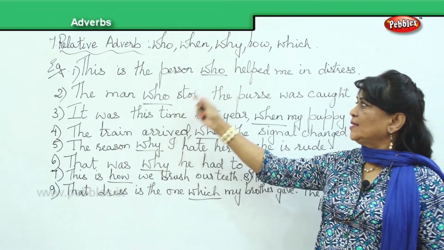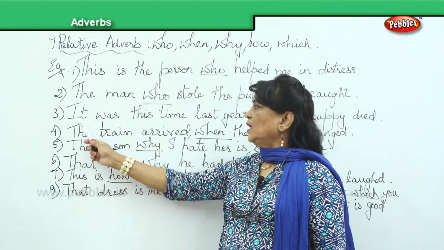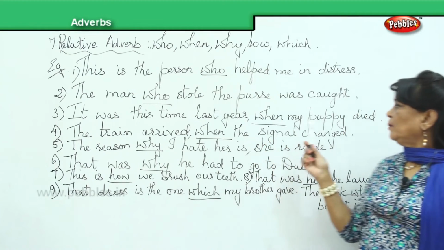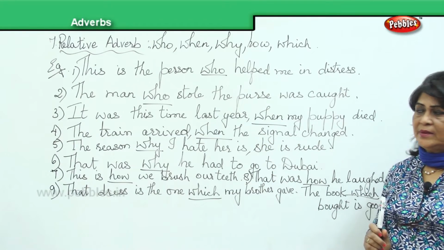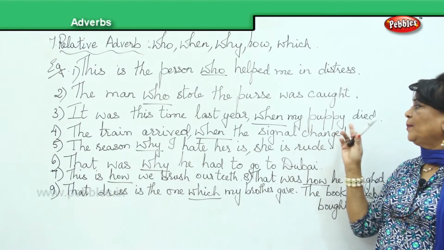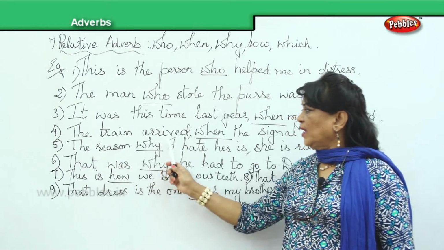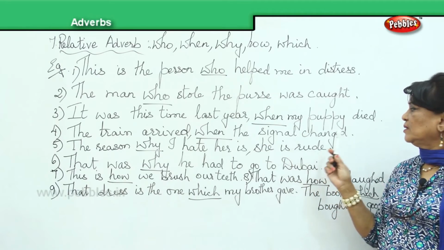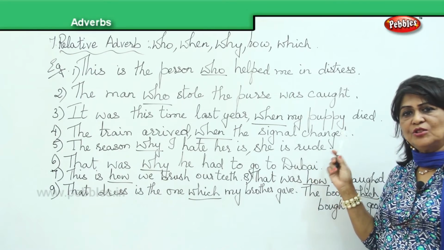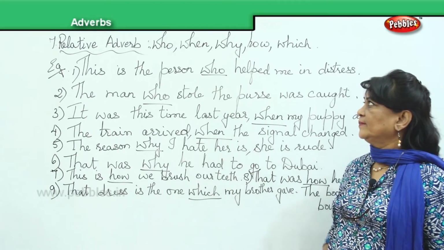So you have two examples for who. It was this time last year when my puppy died. The train arrived when the signal changed. So you have examples for when.